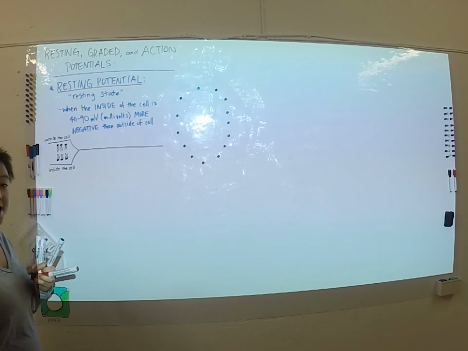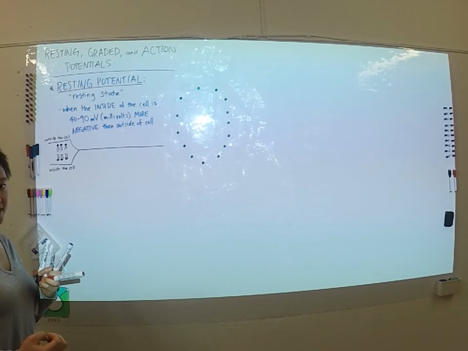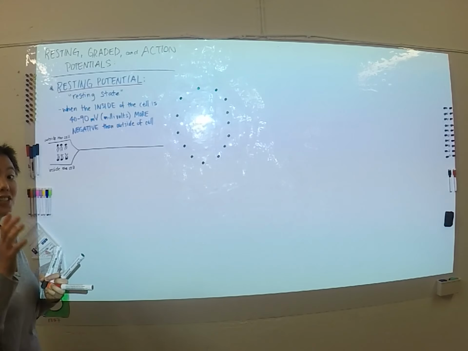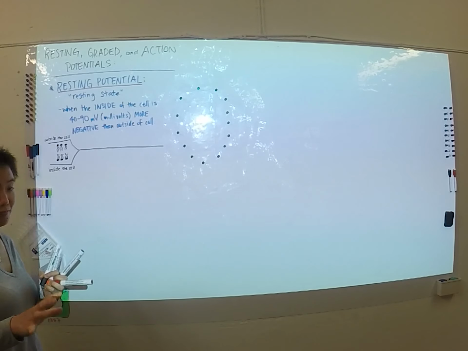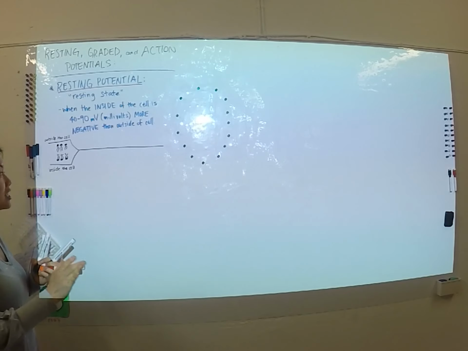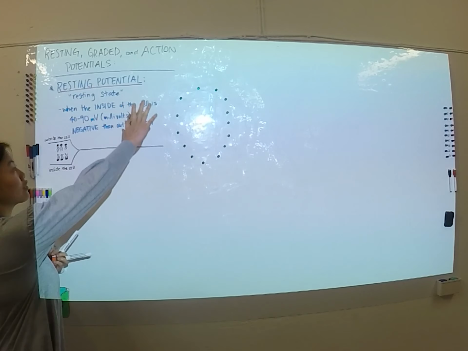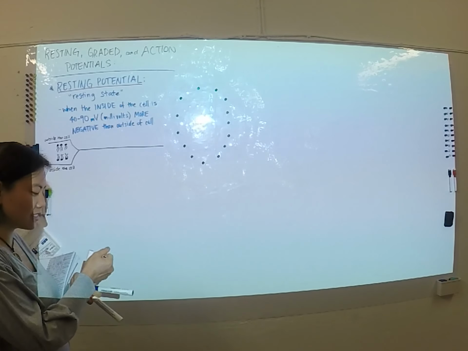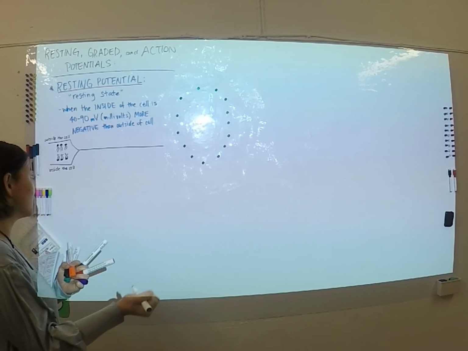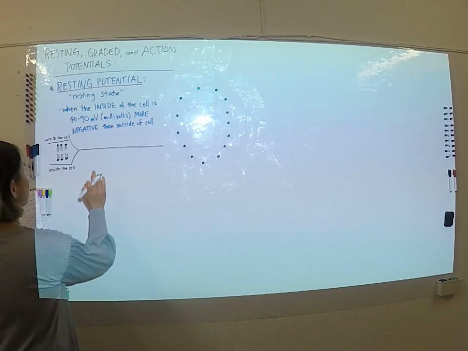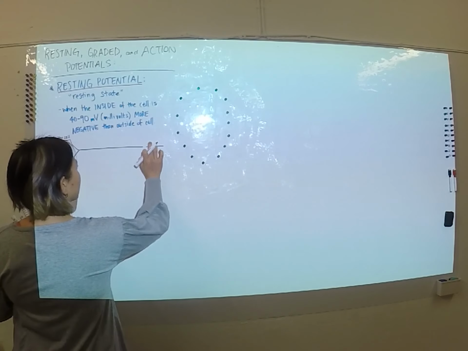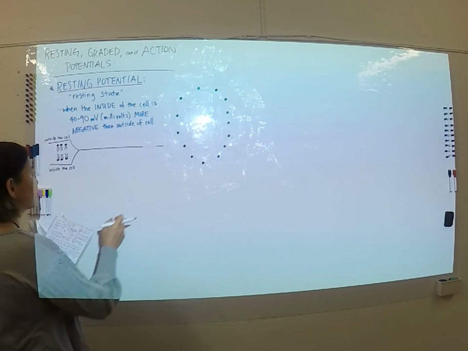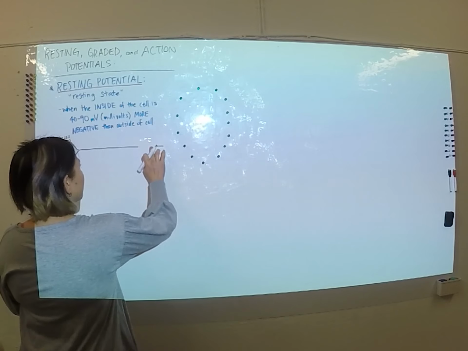Okay, so remember how I said that if anything wants to pass through a membrane, what does it need to go through? It needs to pass through some proteins, right? Okay, so there are some special proteins involved in creating the resting potential. And it's going to have this symbol, and you'll find out why in just a second. So let me erase part of my cell membrane. Give myself plenty of room.